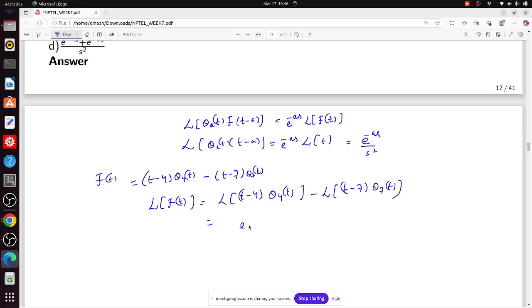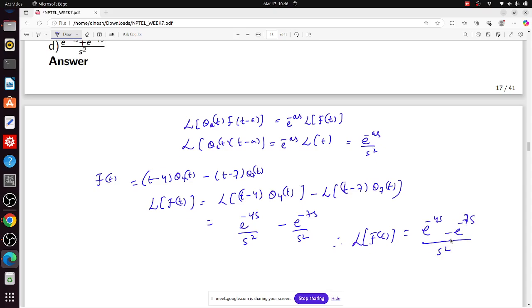So it will be e^(-4s)/s² minus e^(-7s)/s². So the Laplace transform of f(t) is (e^(-4s) - e^(-7s))/s².